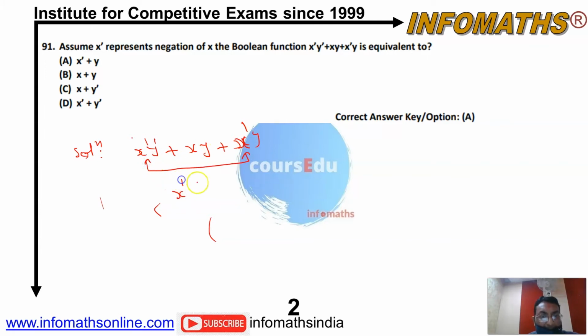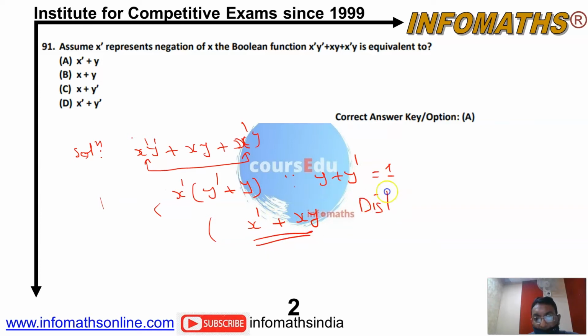So we have x dash outside, then y dash plus y, and this is a rule, the complement rule, equal to 1. So this will become only x dash, plus now the middle term will be there. Now this is the distributive law. Using the distributive law, we can minimize it further.